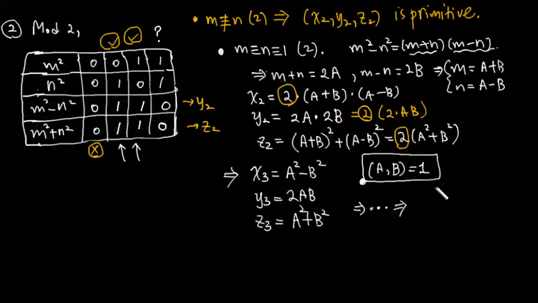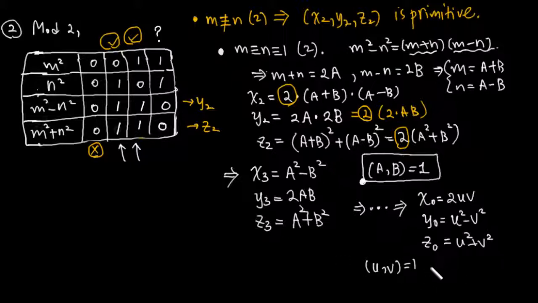We can write down the primitive solution x0, y0 and z0 in the following shape: 2uv, which is an integer, and u squared minus v squared and u squared plus v squared, where we keep this condition: u and v are relatively prime and u and v always have opposite parity mod 2.